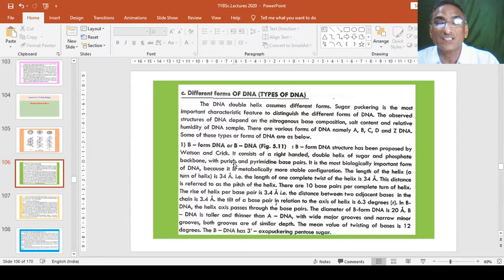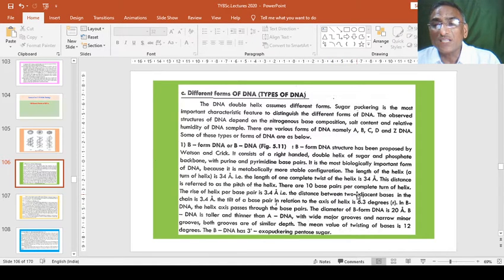They gave the details of the standard form of the DNA double helix structure, and it consists of a right-handed double helix of sugar and phosphate backbone with purine and pyrimidine base pairs. It is the most biologically important form of DNA because it is a metabolically more stable configuration.